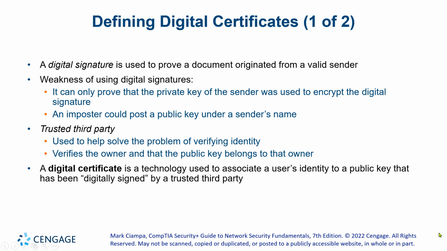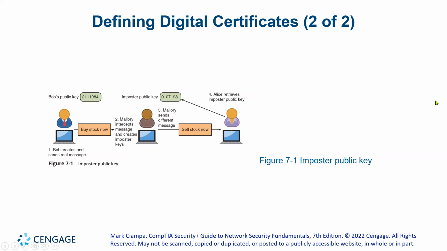A trusted third party is used to help solve the problem of verifying identity, verifying the owner and that the public key belongs to that owner. A digital certificate is a technology used to associate the user's identity to a public key that has been, quote, digitally signed by a trusted third party.